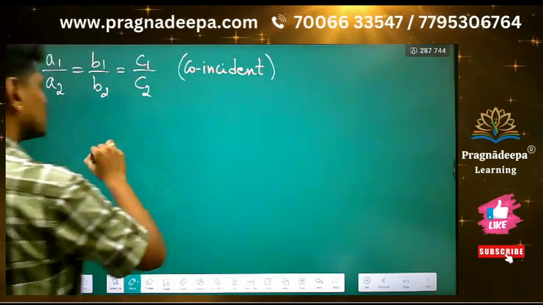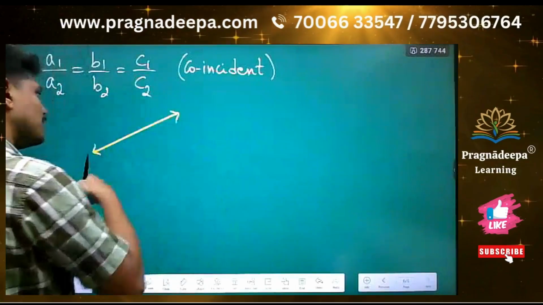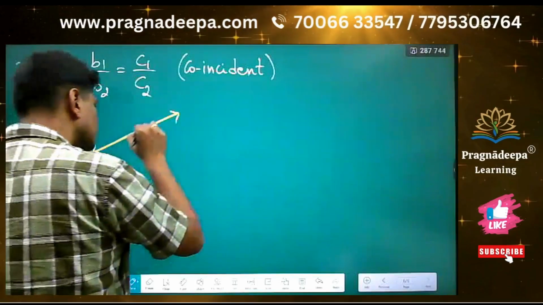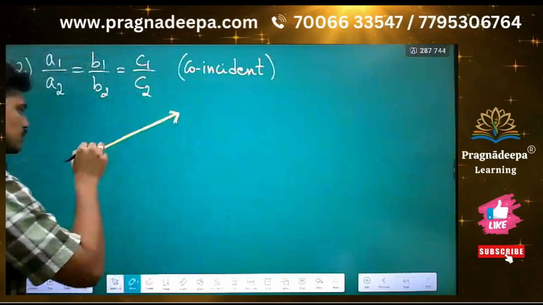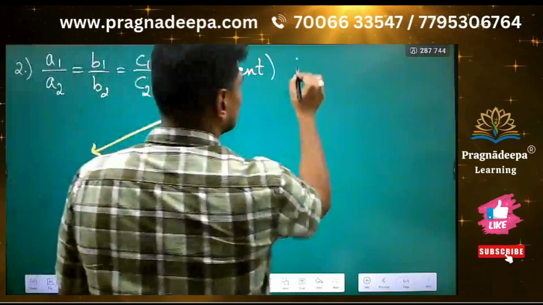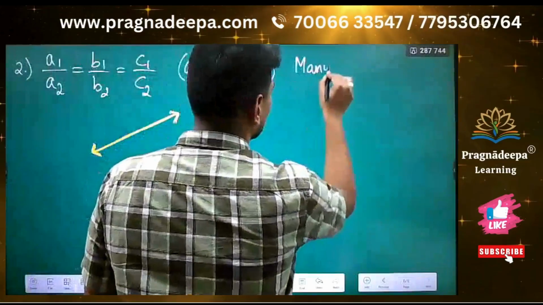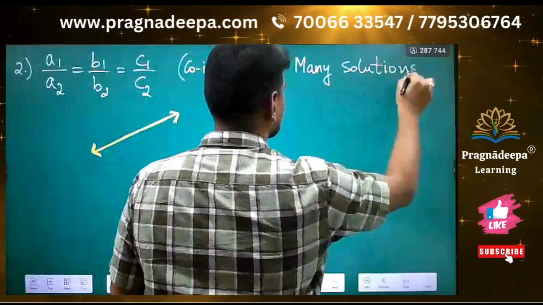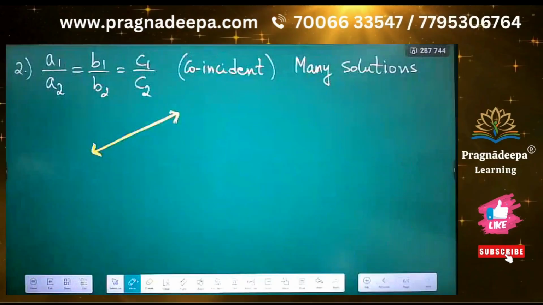You take a line, and there will be one more line lying on this line. So you will have many solutions. Suppose a solution exists, then we call it consistent. Is it understood, Priya?